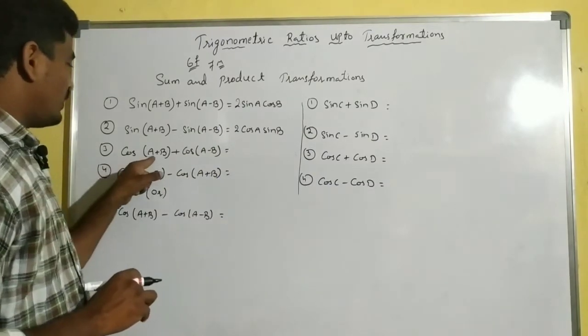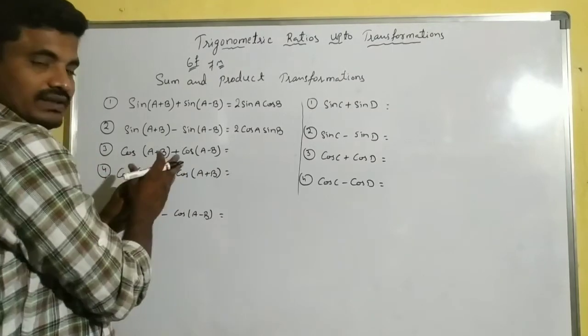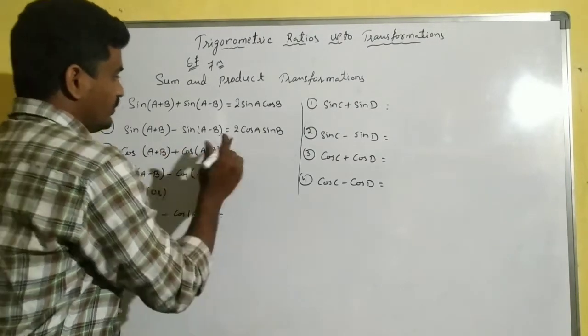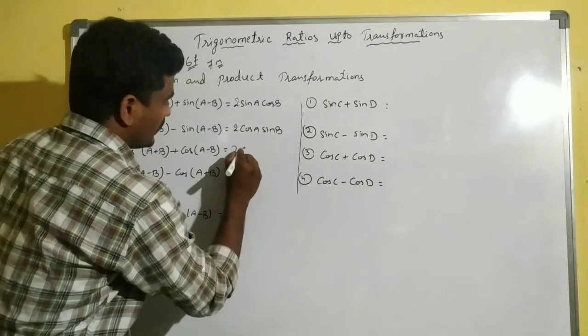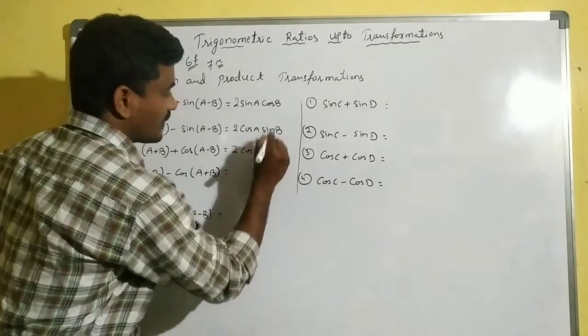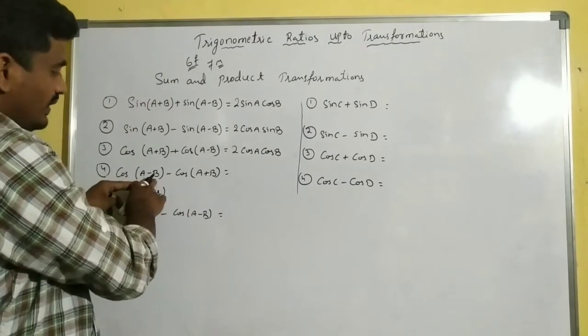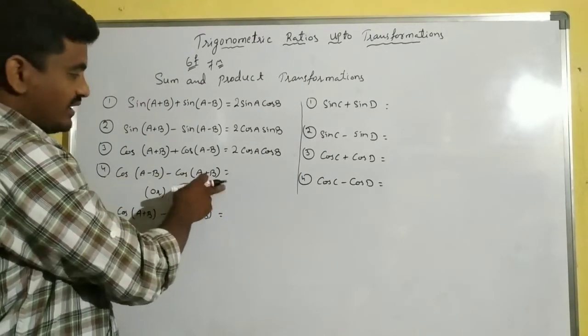Next, cos of a plus b plus cos of a minus b. When you take cos and it is positive, you will get both in cos ratio only, cos a cos b. And next, cos of a minus b minus cos of a plus b.